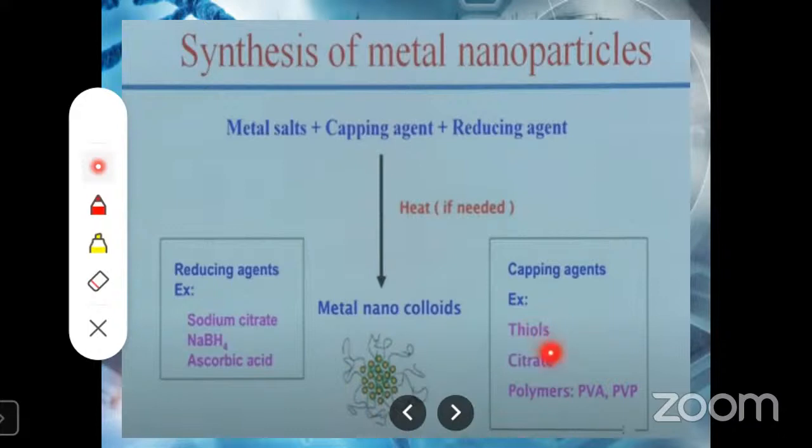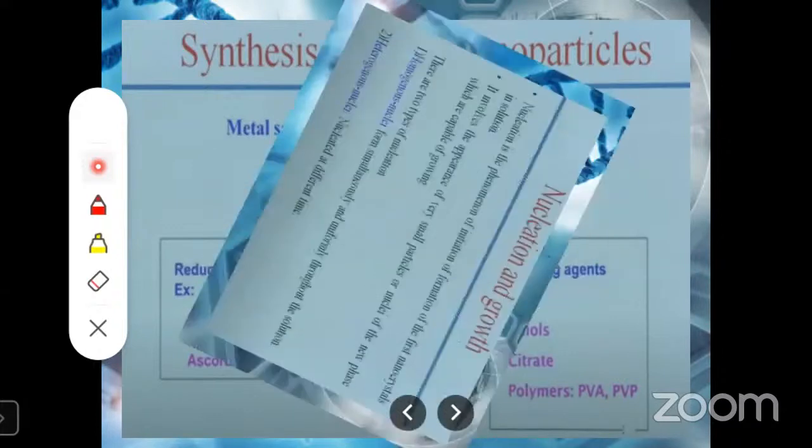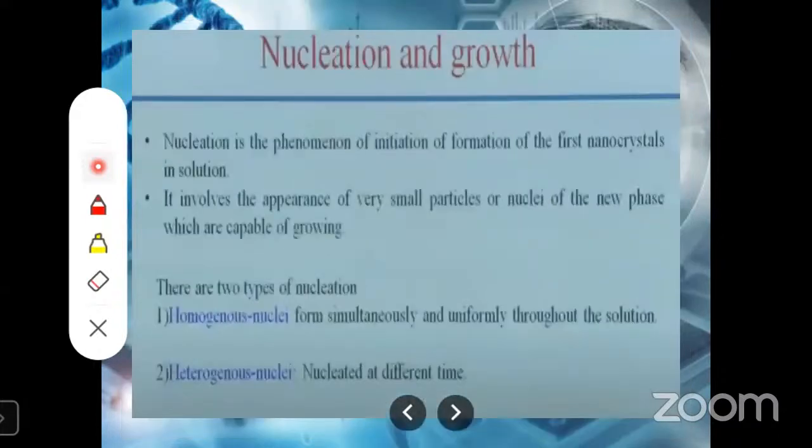They will try to join together and form aggregations. To make the nanoparticles stable, we have to add capping agents, or stabilizing agents, that will prevent the aggregations or agglomerations. Then we'll have a synthesis of nanoparticles.